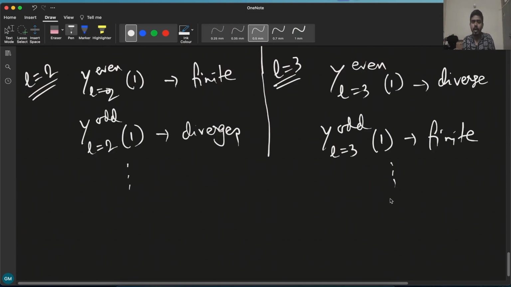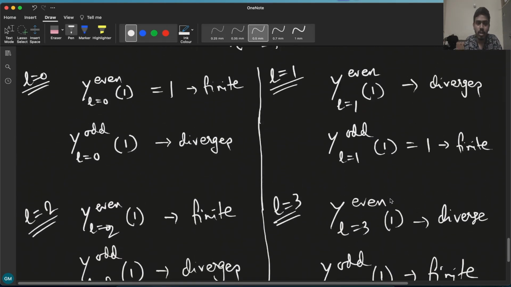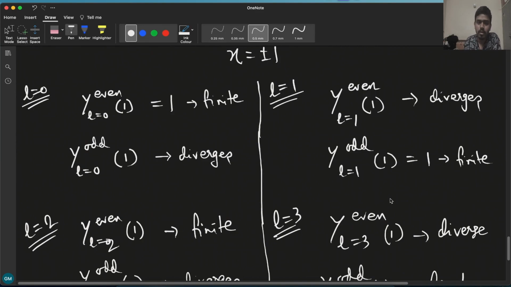Okay, and as I told earlier, we are interested in only those solutions for which the series at x equals plus minus 1 will give us a finite value. So for L equals 0 we are interested only in this even series. For L equals 1 we are interested only in this odd series.